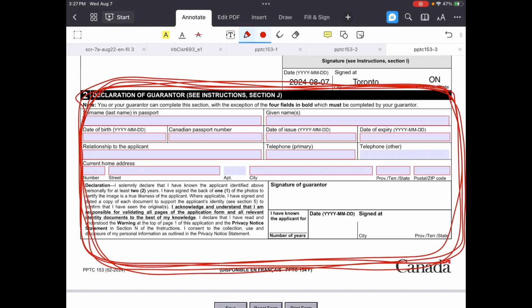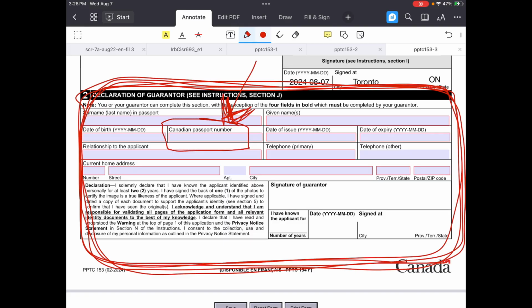But your guarantor must have a Canadian passport in order to be your guarantor. If they are a Canadian citizen, but they don't have a Canadian passport, then they cannot be your guarantor in this case.